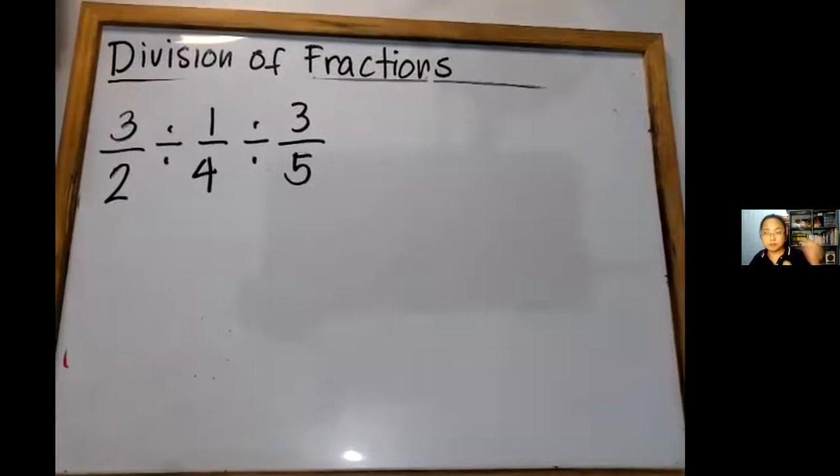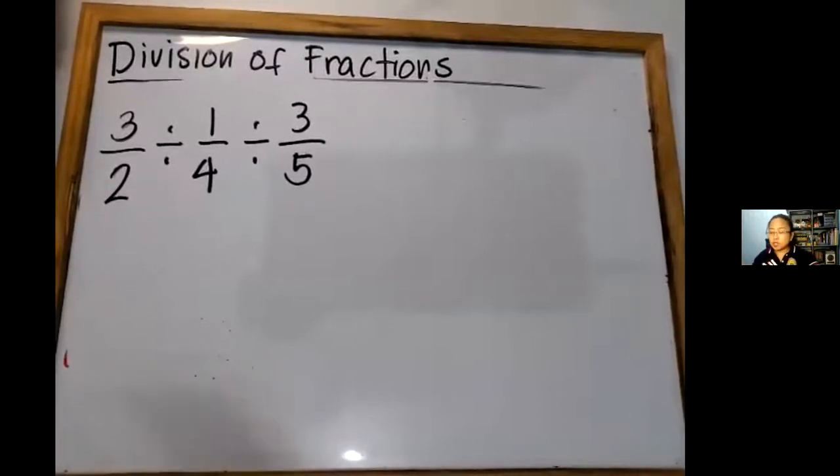O, unang tanong, ilan ang division symbol na meron? Dalawa. So, dahil dalawa yung division symbol, dalawa din yung ating divisor. Dalawa rin dapat yung reciprocal na magkakaroon tayo.